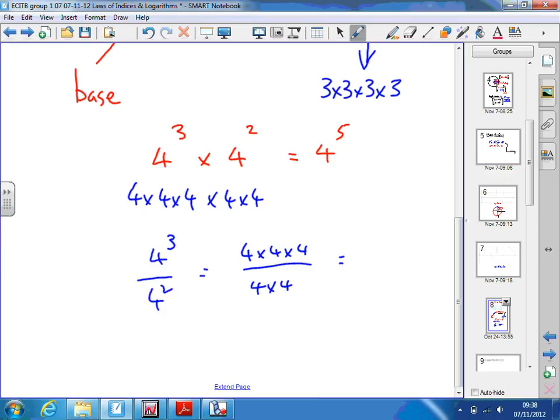And if we look at it, you can see that the 4s cancel. 4 goes into 4 once, and I can do that twice, and I'm left with just one 4. So the answer is 4.